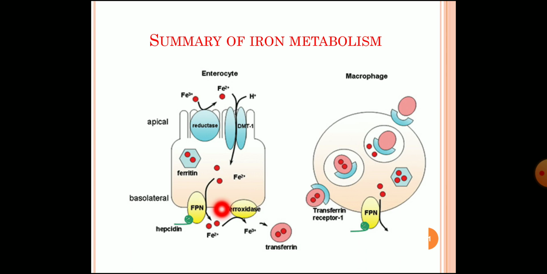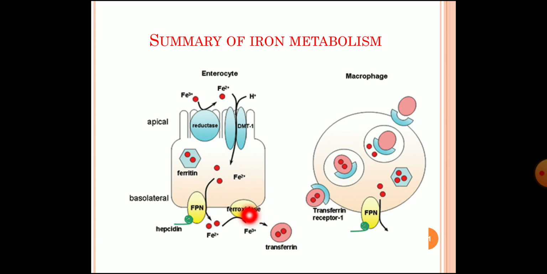Ferrous is oxidized to ferric by ferroxidase, that is, by ceruloplasmin. Ceruloplasmin is a copper containing protein present in the plasma, which has ferroxidase activity. What is the meaning of ferroxidase? It will oxidize the ferrous form to ferric.